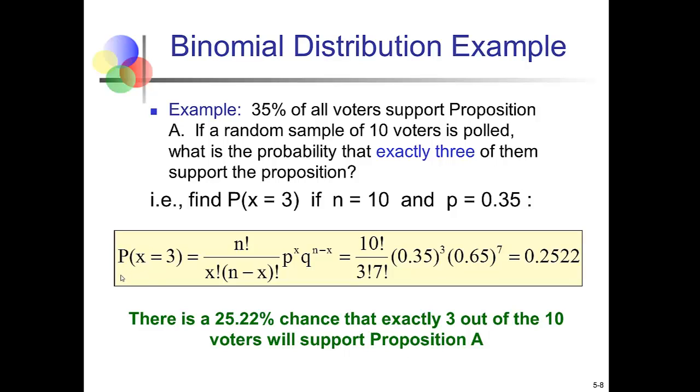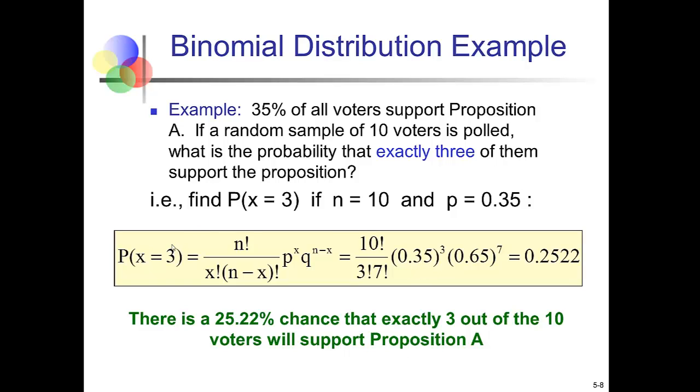The notation we would use here is the probability of x equal to 3, and we're going to plug in all the pieces we just saw from that last slide. So 10 factorial over 3 factorial, 7 factorial. This 0.35 is our probability of success, the probability of finding somebody that supports Proposition A.